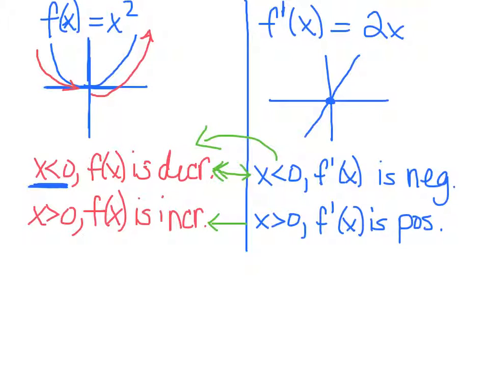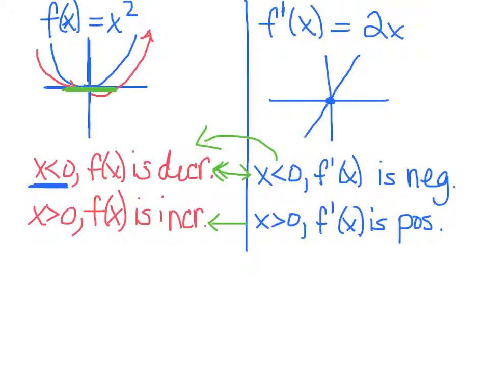Okay? Also what I want you to note is that we have what we call a horizontal tangent in the function. So in other words, a line that I can draw that will hit that curve in one spot, and it's a horizontal line. I'm going to highlight it in green here, that is a horizontal tangent. It's hitting that parabola at 0, 0, and it's also a horizontal line.